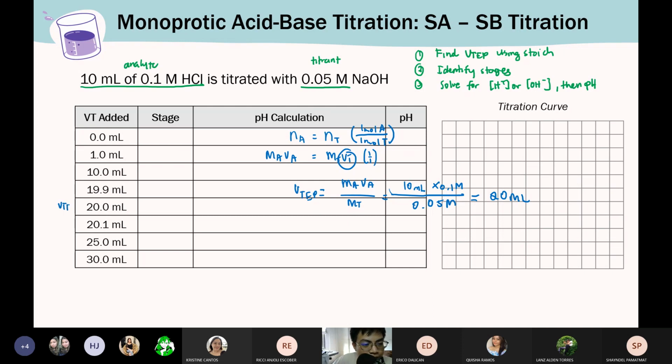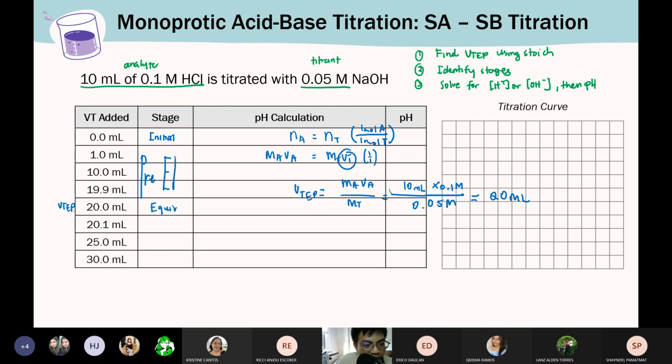No? So, siya yung ating equivalence point. So, meaning, we can label the stages accordingly. No? So, initial, tapos itong mga to, ayan ay pre, EP.